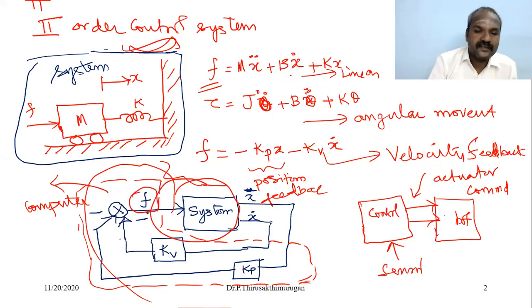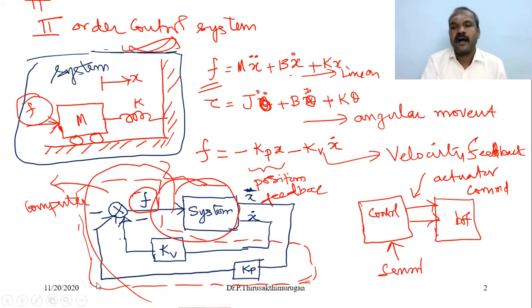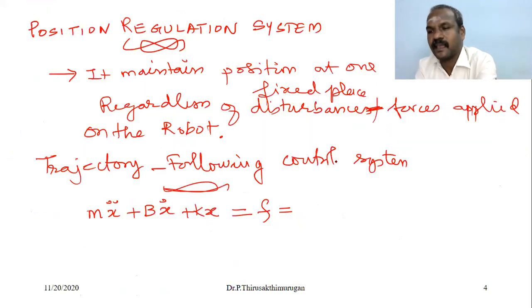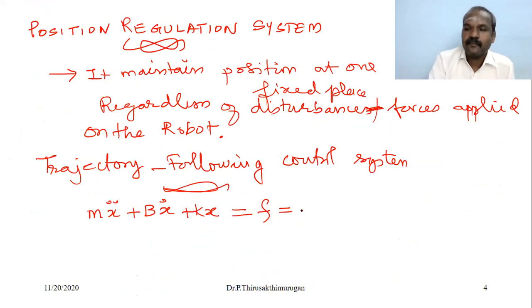This f is the input to the system, the force applied to the input. According to the control system block, from the feedback, f is minus kp times x minus kv times x dot. So the same thing can be equivalent here: minus kp times x minus kv times x dot.